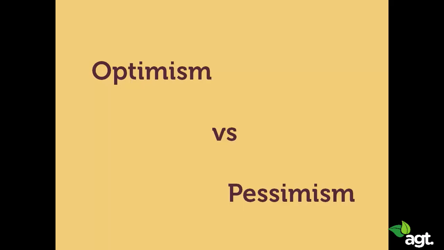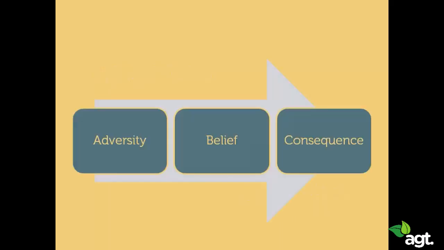In order to understand how we can learn to interpret events more optimistically, we will look at the so-called ABC model. The psychologist Albert Ellis created the ABC model to help us understand and control our reactions to adversity. ABC stands for adversity, belief, and consequence.